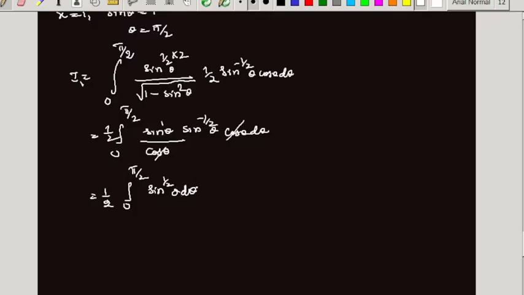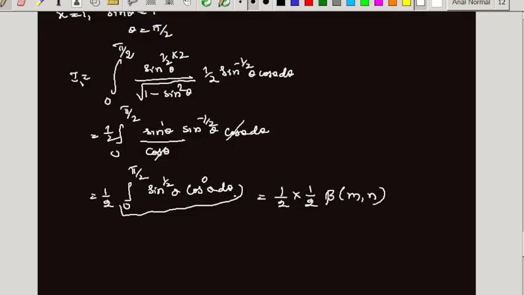Here cos is not there. If we want to modify, we can write it as cos power 0 theta into d theta. So here this one is nothing but 1 by 2 into 1 by 2 of beta of m comma n.